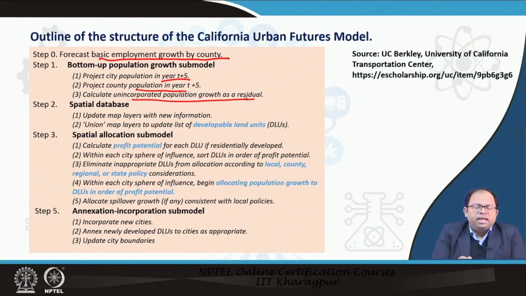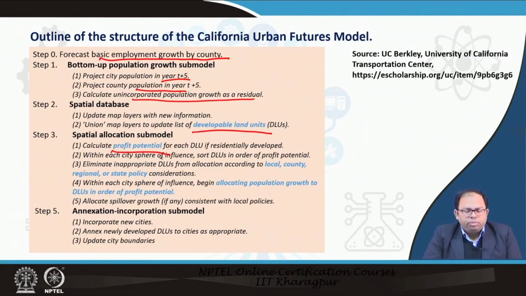Then using GIS maps and all, we can develop the spatial database. We update the map layers with this new information of administrative boundaries and so on, and then based on the different information that we have got, we determine the developable land units in a particular area. That means which are the land units which could be developed by real estate developers, and then we determine a profit potential for each of these units. That means if I develop in those units, which will return more profit.